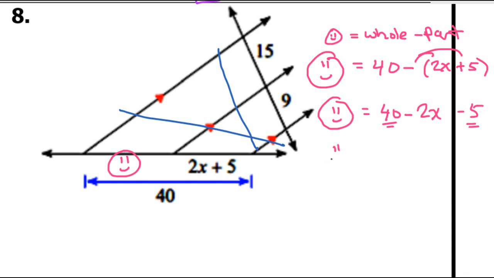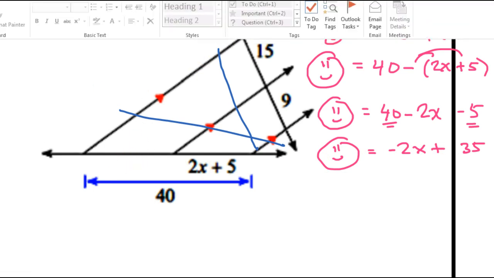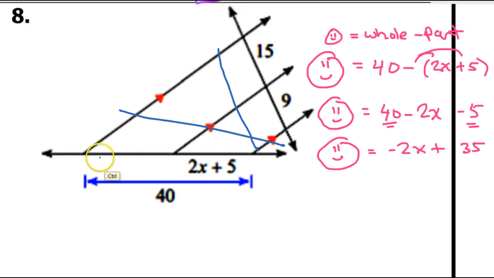So that means this little smiley face part is going to be negative 2x plus 35, or I could have written 35 minus 2x, either way. That's what you had to do first before you even really get started. So now instead of writing smiley face, I'm going to put negative 2x plus 35.